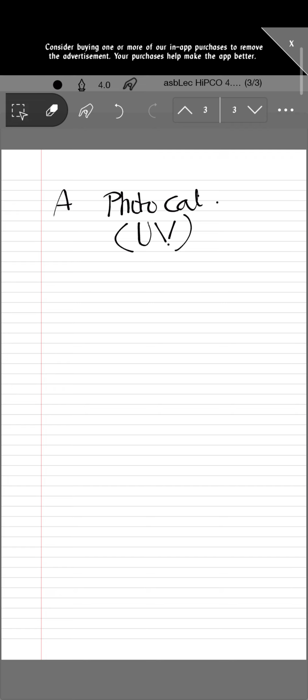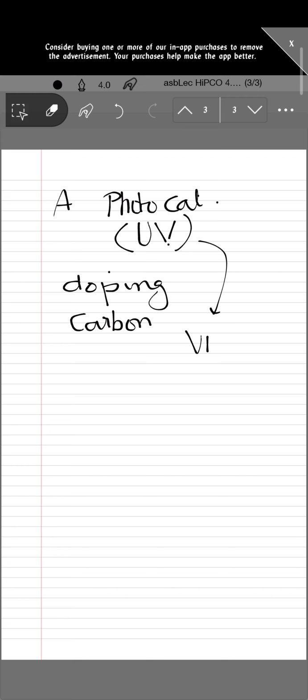However, with the help of doping with some foreign metals as well as non-metals like carbon, it is possible to stretch the photocatalytic activity into the visible light. So visible light may also lead to some photocatalytic activity in the anatase phase, provided it is doped with the appropriate material in an appropriate manner.